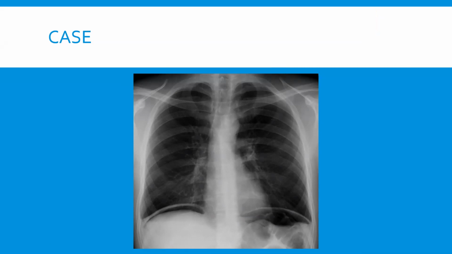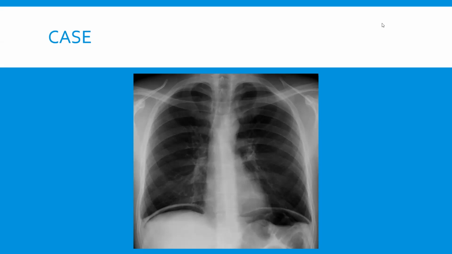So this is a chest radiograph of an unknown person. The rest of the details are unknown as well. Rotation, inspiration, penetration look adequate. The most obvious abnormality is pneumoperitoneum. You see that under the right diaphragm.